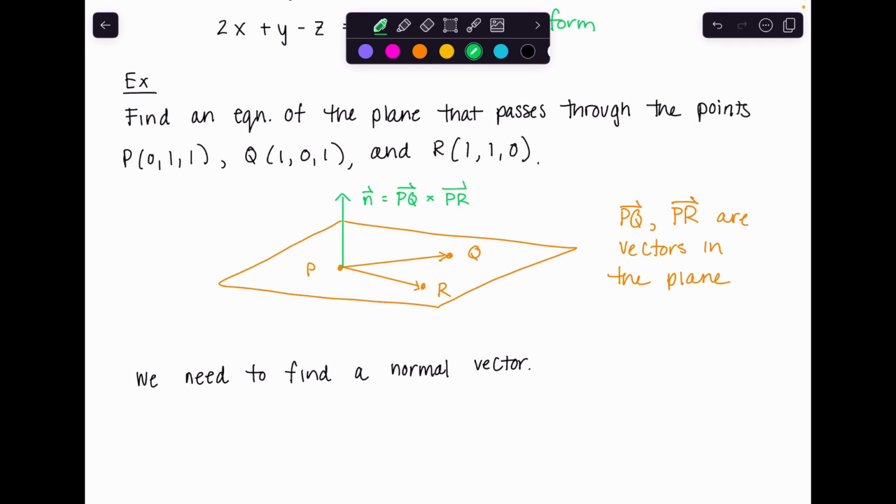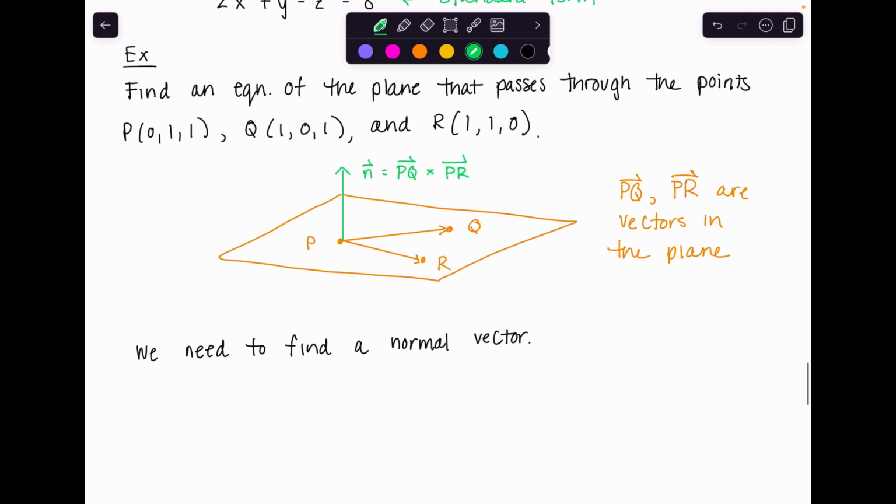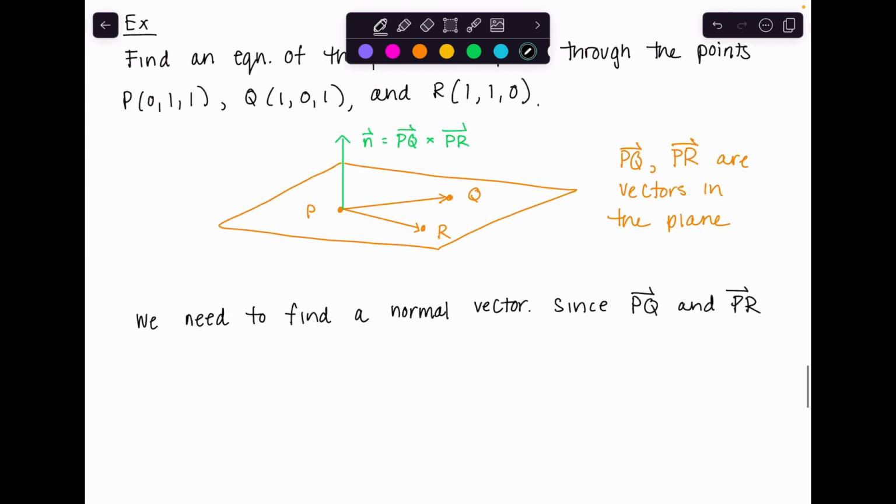Since those are two vectors in the plane, the vector PQ cross PR will be normal to the plane.